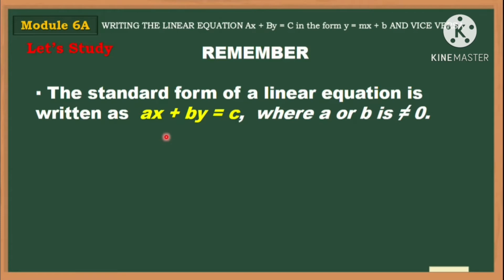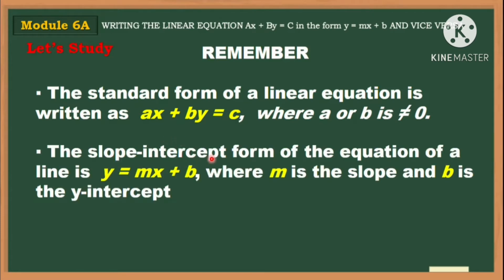Next, the slope-intercept form of the equation of a line is y is equal to mx plus b, where m is the slope and b is the y-intercept. So remember, ax plus by is equal to c is standard form, and slope-intercept form is y is equal to mx plus b. This is in a linear equation.